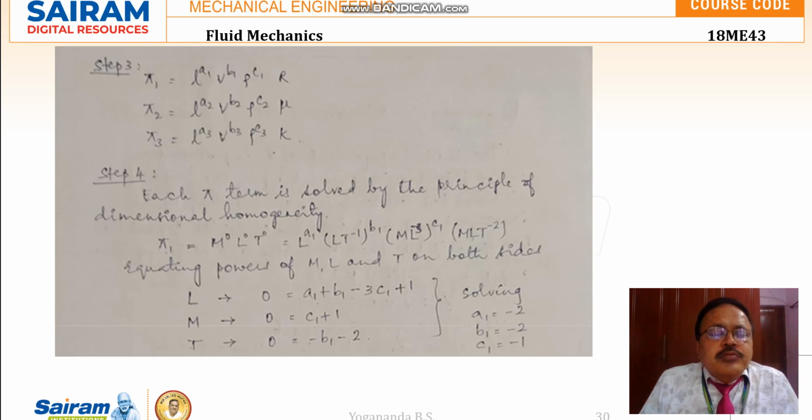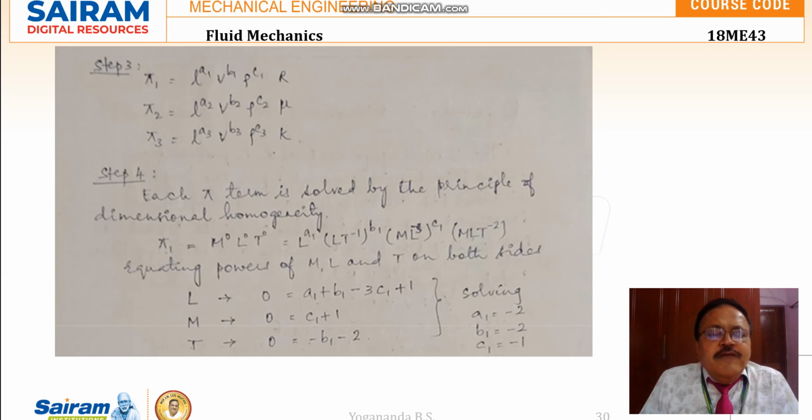On the left hand side, pi 1, we don't have fundamental dimensions, so L, M and T have powers of zero. On the right hand side, we have length L, written as capital L to the power of A1.